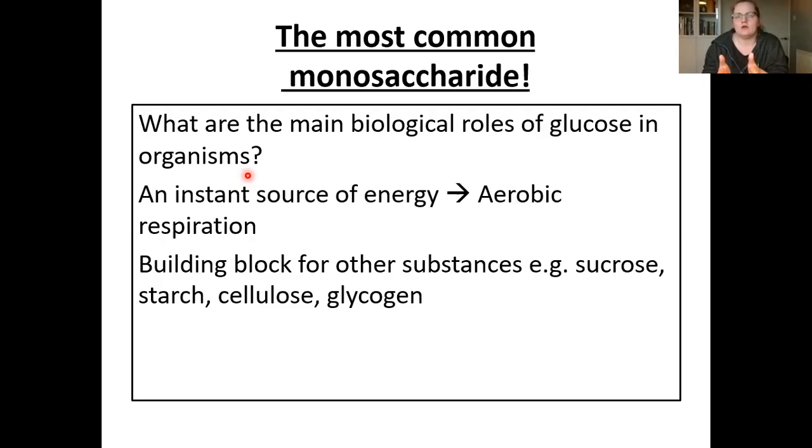Generally, we break polysaccharides and disaccharides down into glucose because glucose isn't great for storage. Because it's this instant source of energy, the problem is it will get processed and go through reactions constantly. If we just had glucose going around in our body, it's soluble, so it's not a useful molecule for storage.